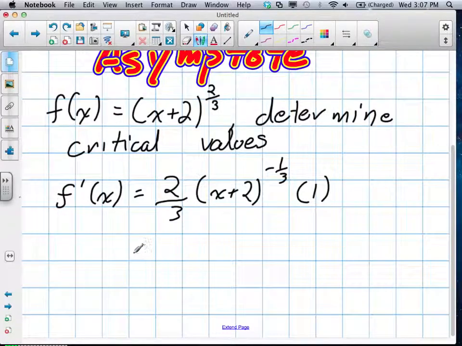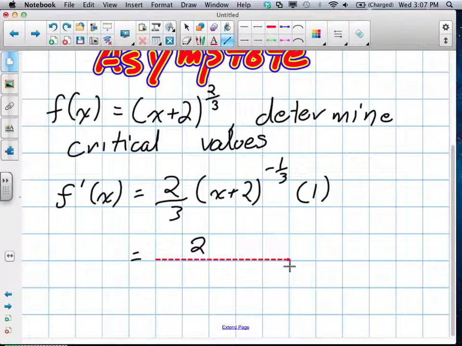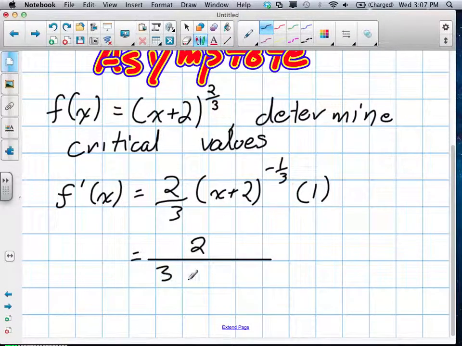When we simplify this, we're going to get 2 over 3 times the cube root of (x + 2), because remember that was an exponent of 1/3. Okay, so this is our derivative function.